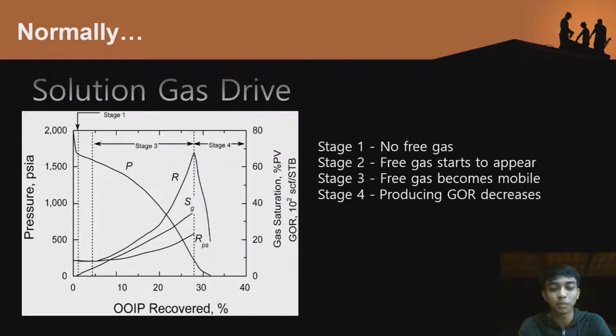Moving to stage 2, free gas starts to appear, but the saturation is small and immobile. The producing GOR is slightly less than the initial dissolved GOR. For stage 3, the free gas becomes mobile, and then the producing GOR increases steadily. When it comes to stage 4, the producing GOR starts to decrease.